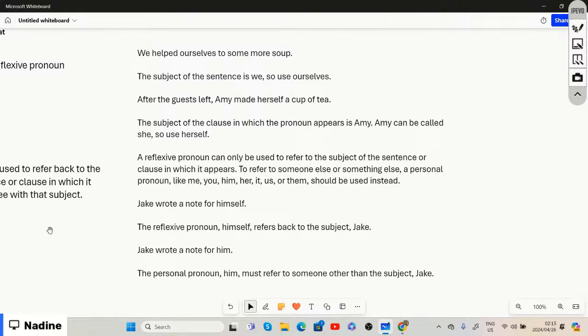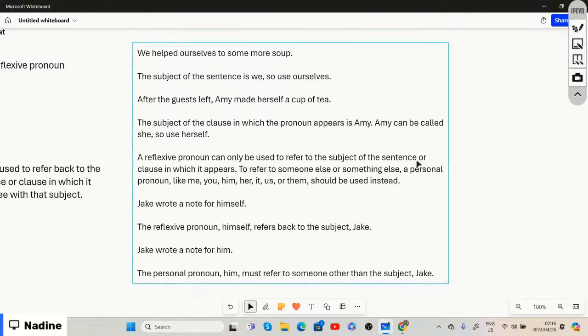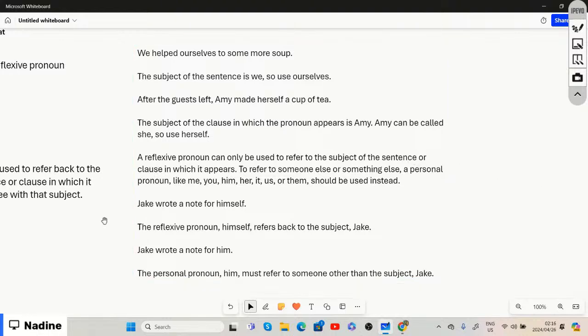And once again, with reflexive pronouns, we use self in the singular and selves if we refer to it being plural, right?